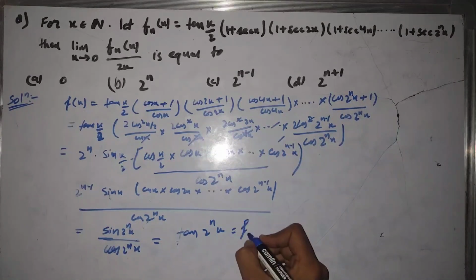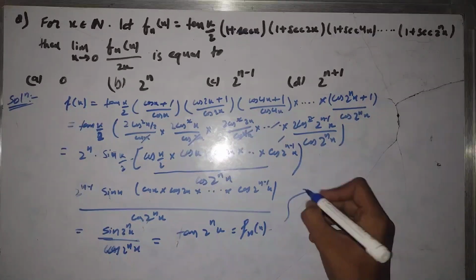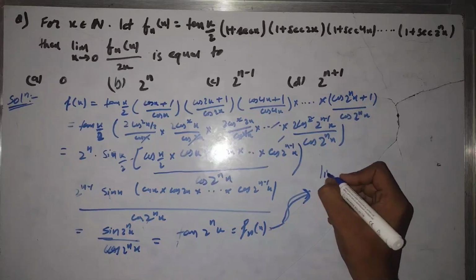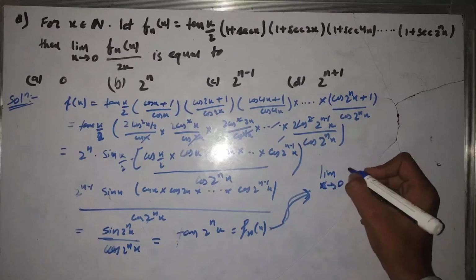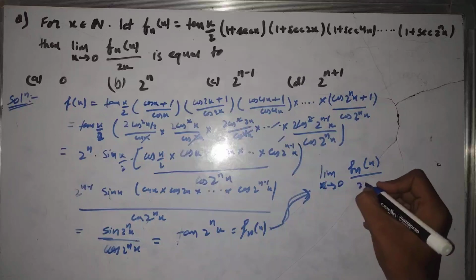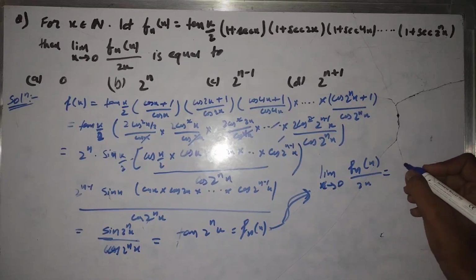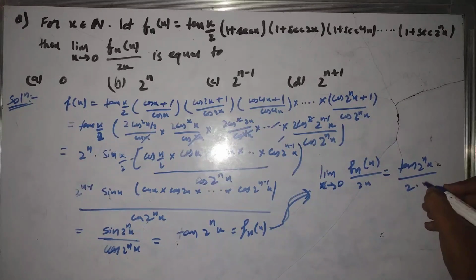And this is equal to f of n of x. Now what we have to do is find the limit as x tends to 0 of f n x upon 2x, which is tan 2 to the power n x upon 2 into x.